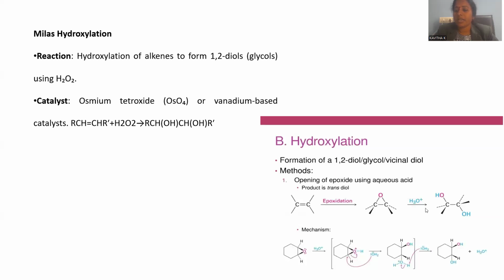Whenever an epoxide is hydroxylated, the ultimate stereochemistry will be trans. Trans hydroxylation. Earlier we discussed cis hydroxylation with osmium tetroxide. Whenever osmium tetroxide and hydrogen peroxide are used together, there is a provision for cis hydroxylation, but in the case of epoxide hydroxylation it gives rise to a trans form.